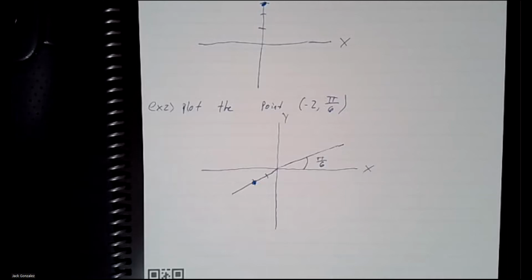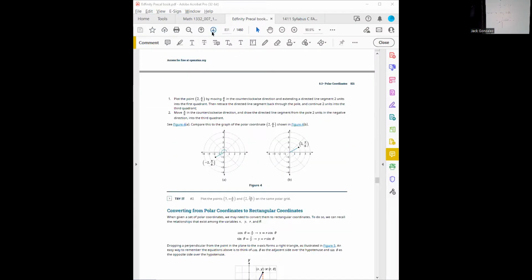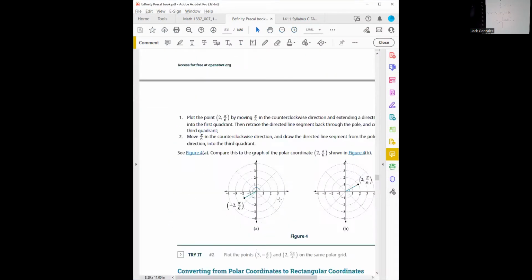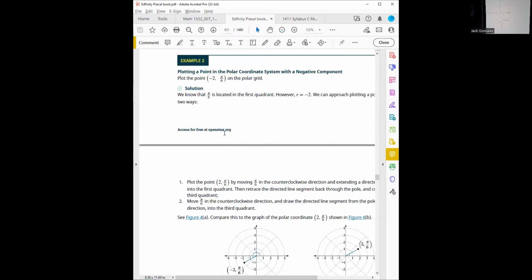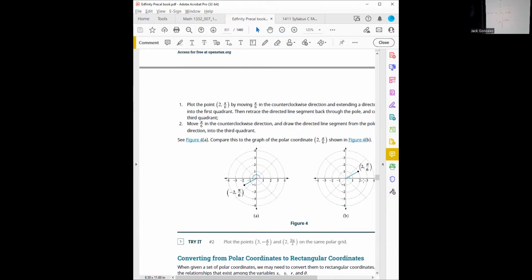Because it's a -2. So now look at the picture, and they have a better picture than I do. The point is -2, pi over 6, so you go to pi over 6, right? And then you go -1, 2. So they have little radii circles here for their grid.